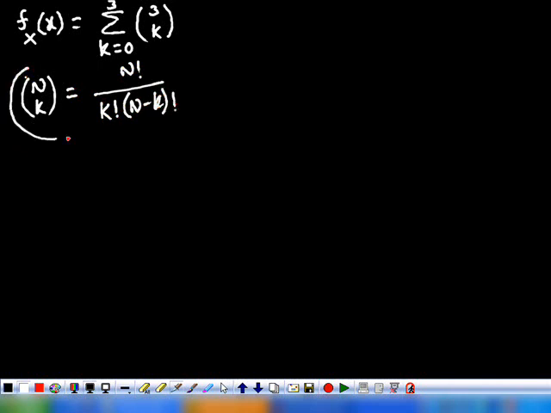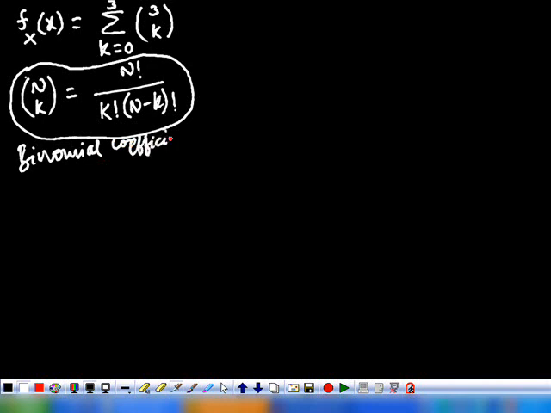This particular quantity is called the binomial coefficient. So 3 choose k, we have p power k. What is p here? 0.2 power k and 0.8 power 3 minus k, of delta.